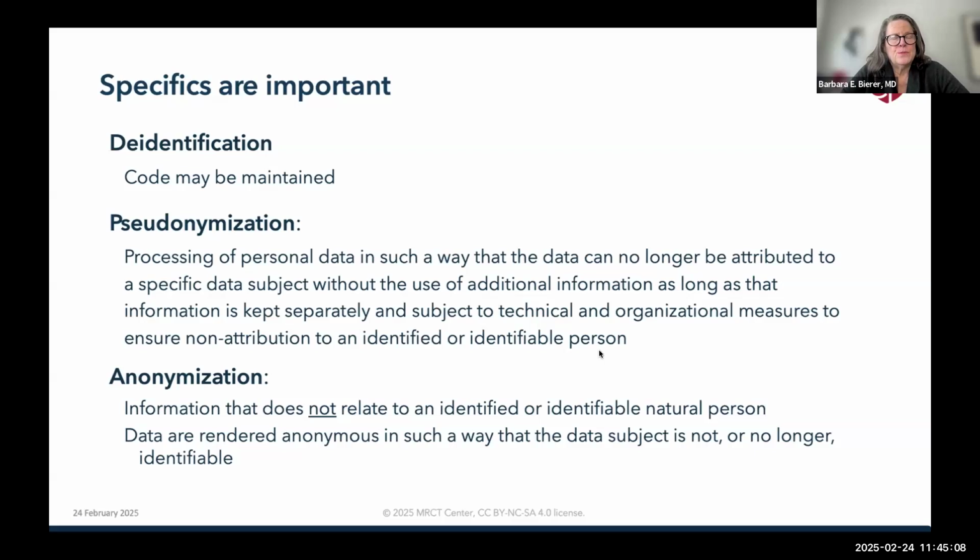Pseudonymization is where you process personal data in such a way that the data can no longer be attributed to a specific data subject without the use of additional information, so long as that information is kept separately and subject to technical and organizational measures to ensure non-attribution to an identified or identifiable person.